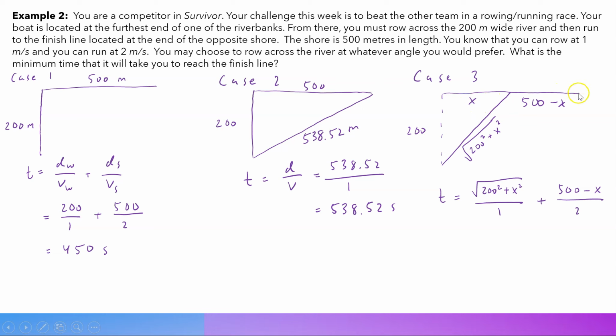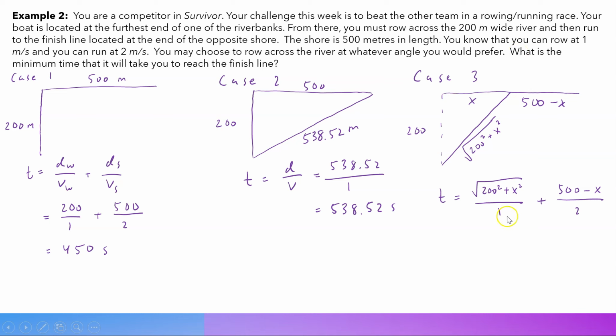Now the distance that you would have to run along the shore is 500 minus x, because the total length of the shore here is 500. The equation that we get for the time function is the distance covered swimming in the water divided by the speed in the water, which is 1 meter per second, the speed at which you can row in this case.